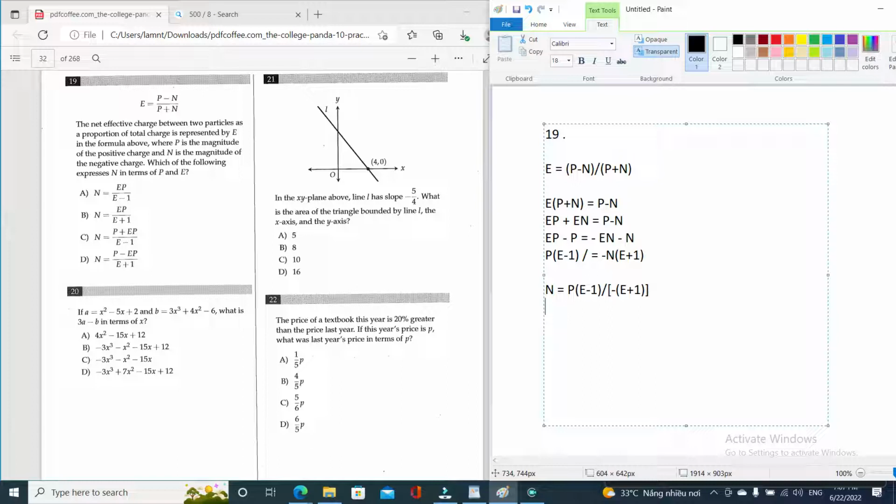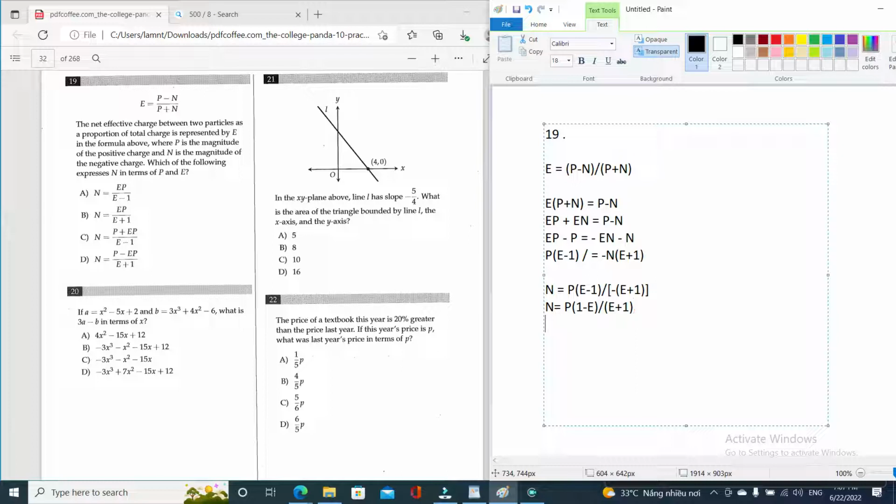We're going to put the minus sign into the numerator, so in this case we want to get rid of the minus sign and change the sign to 1 minus E, over E plus 1.